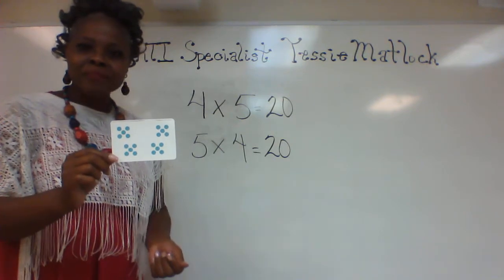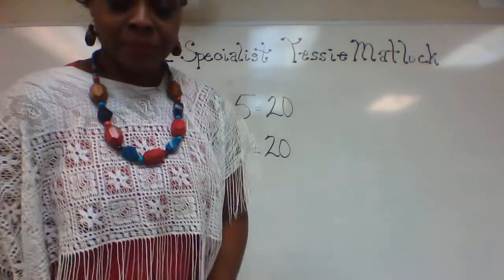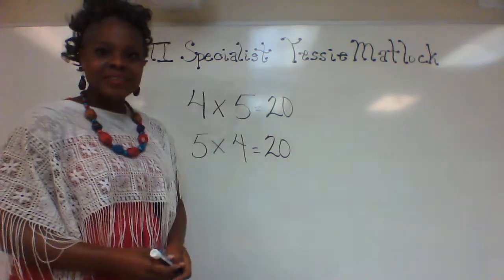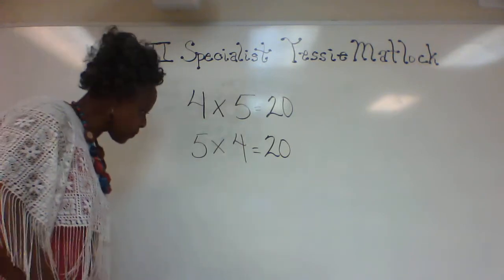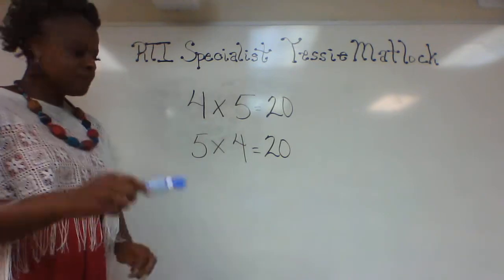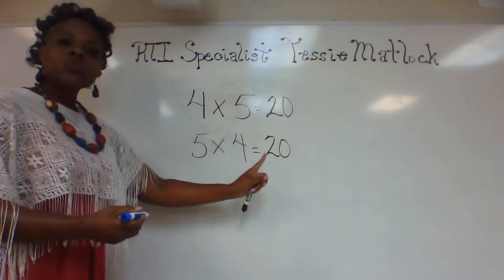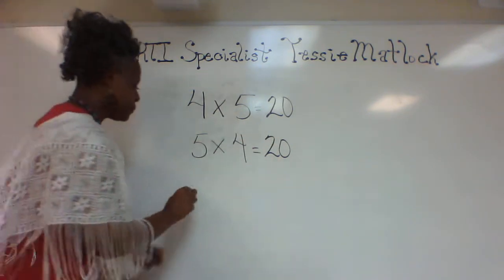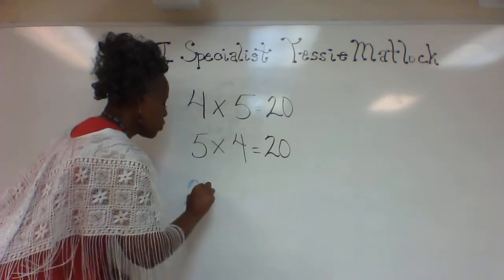Awesome job. So now let's switch it into a division number sentence. How is it going to look when we change this into a division number sentence? Someone said, use blue. Here we go. Good job. 20 is the larger number. 20 will go first.